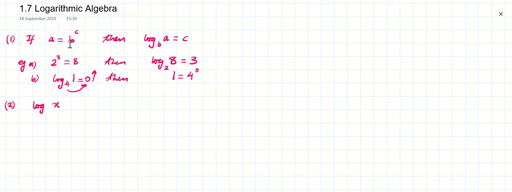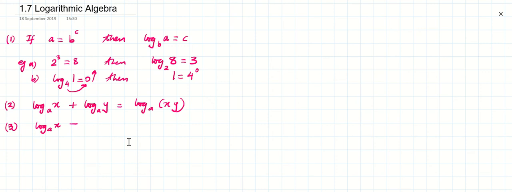The other rules: if you have log x plus log y to the same base a, then you can combine this into a single log, log x into y. That's your product law. So numbers will get multiplied. You write a log outside and the numbers will get multiplied to the same base.